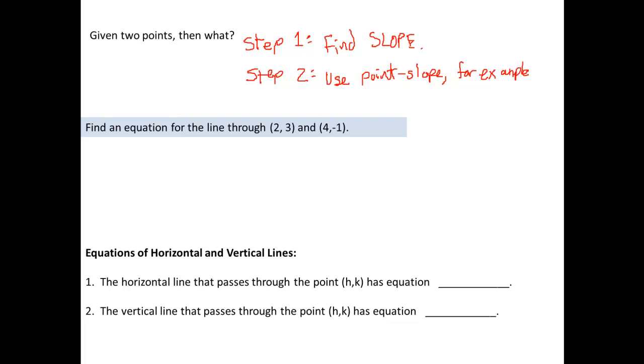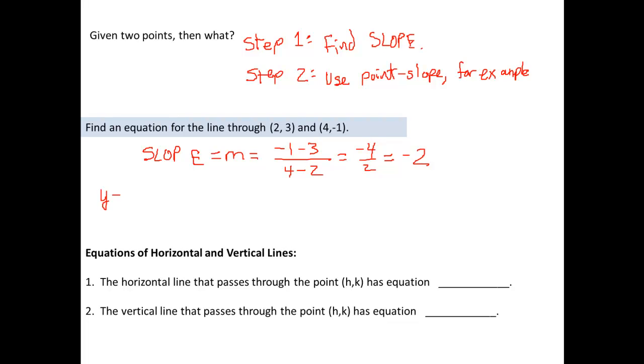So, for example, here are my 2 points, (2, 3) and (4, -1). Step 1 is what's the slope? m is -1 minus 3 over 4 minus 2. The slope is -2. And now we can use any of our other equations to get our hands on the equation for this line.